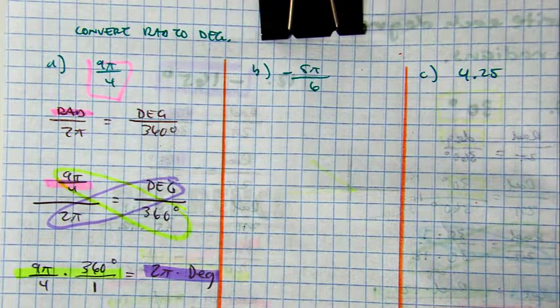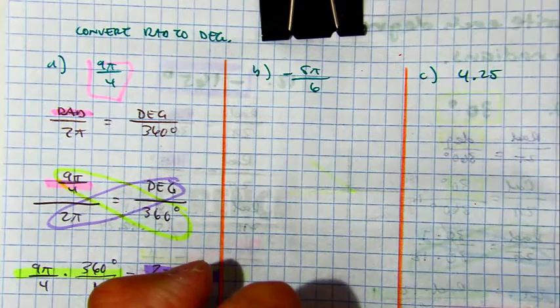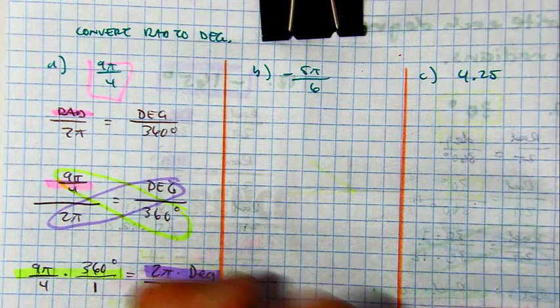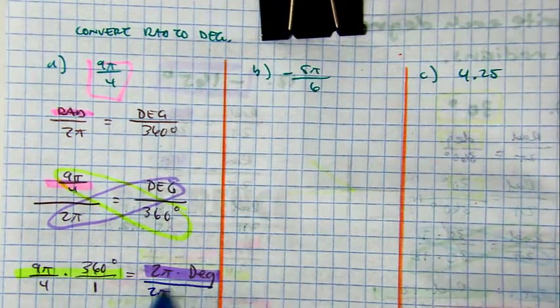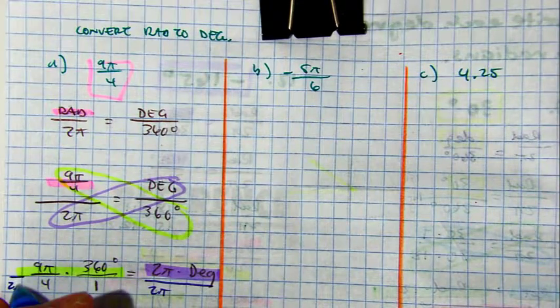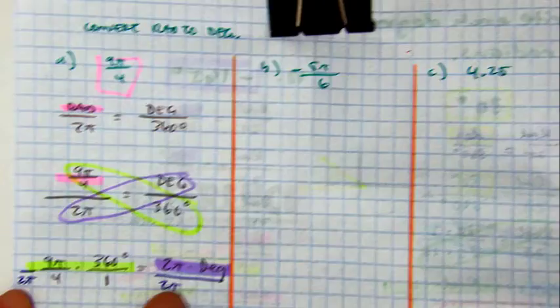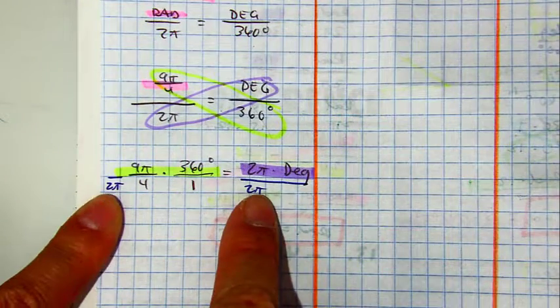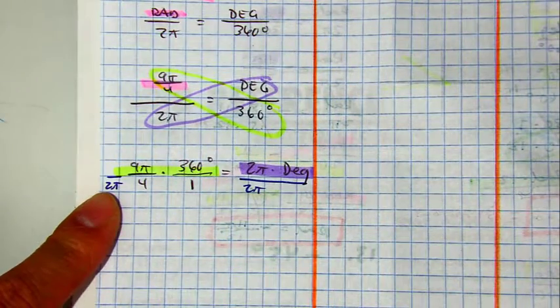I'm going to divide both sides by 2 pi. Notice that when I'm essentially dividing by 2 pi on both sides, those are the same, right? Division property of equality. So all I need to do now is simplify.